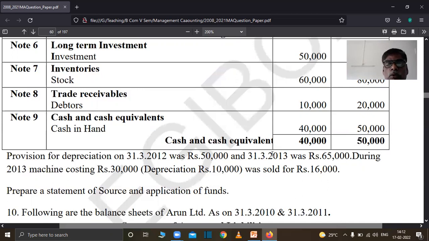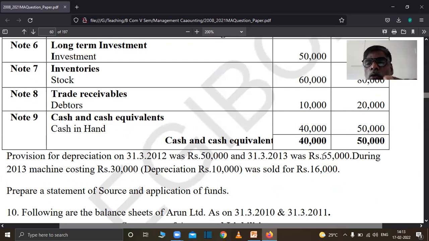And this provision for depreciation, they will give you in 3 places, in any one of the 3 places. It may be given like this in the adjustment. If it is given in the adjustment, you have to add it in the respective asset.